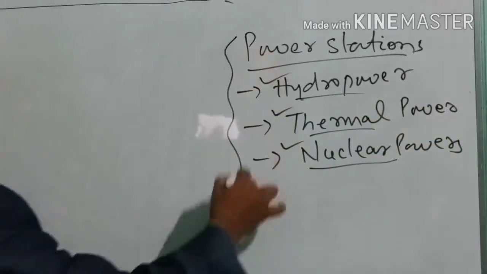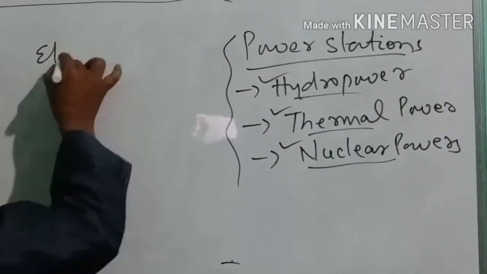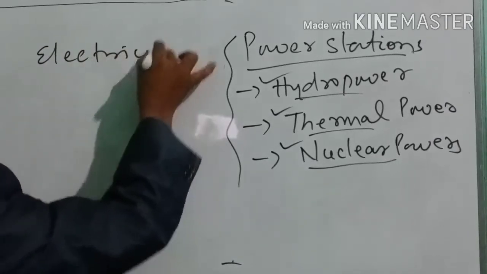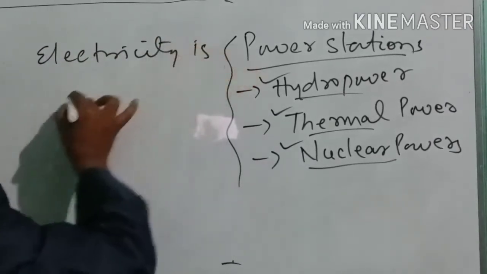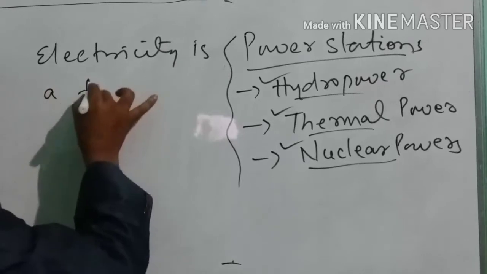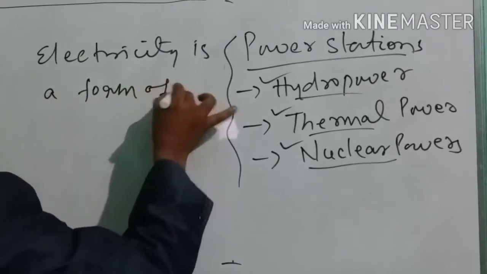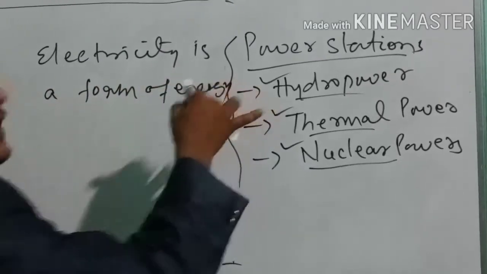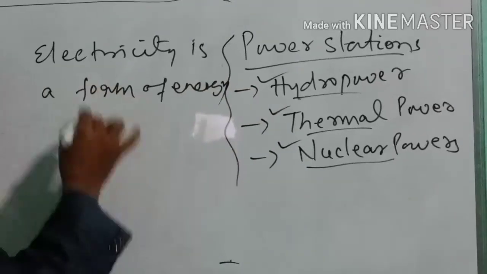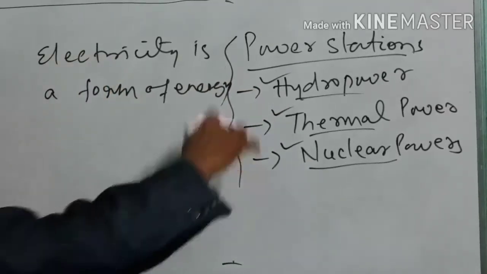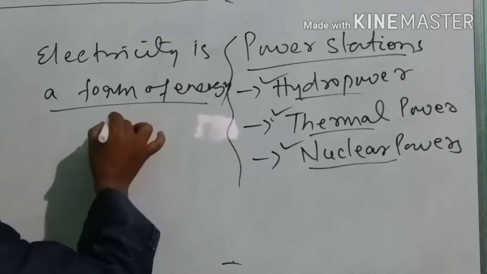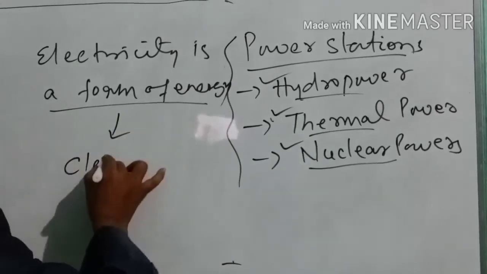So what is electricity? Electricity is a form of energy. Okay. Electricity is a form of energy, and which is produced from these sources. So it is called the clean form of energy.